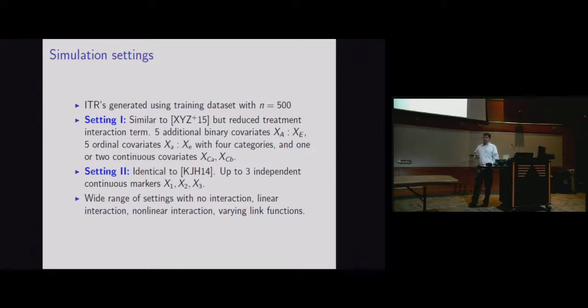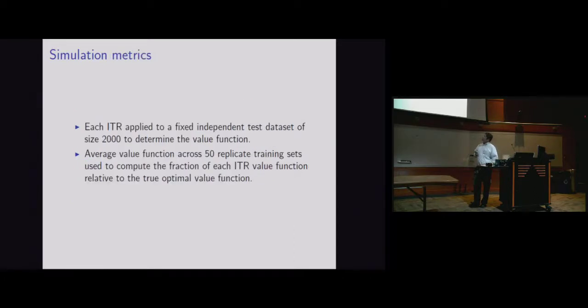So there are a wide range of settings, but I'm just going to give you a sense of how we performed across all of those settings. Each ITR was applied to a fixed independent test data set of 2,000 patients to determine the value function. So we know the value function because it's a simulation setting, we know the truth.